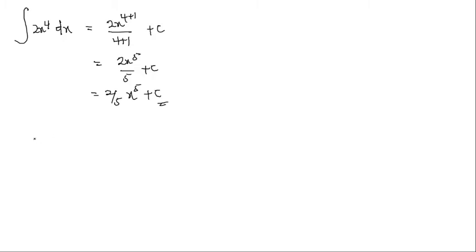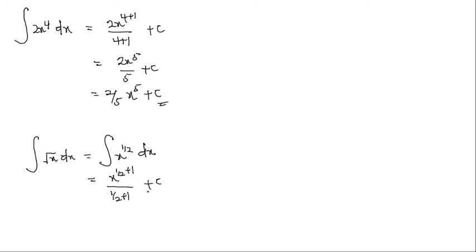Now let's have a look at another simple example. We have to integrate root x with respect to x. To integrate this, root x can be rewritten as x raised to the power half dx. From here all we need to do is add 1 to the power, and then we divide by the new power, and we add c to it.